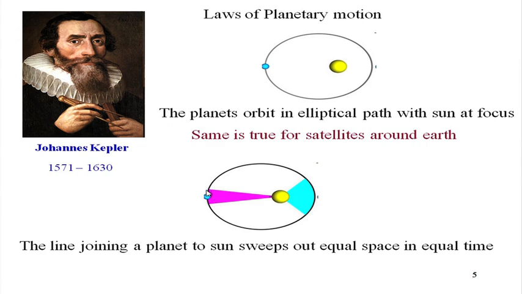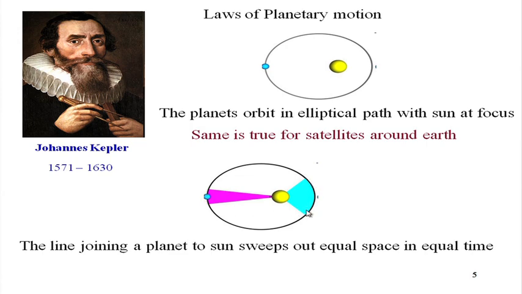The time taken to travel this arc will be the same as the time taken to travel this arc which has a similar area. This has a very good implication, that is, you can see always that here the time taken and here the time taken are same.